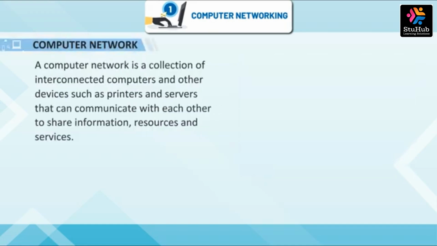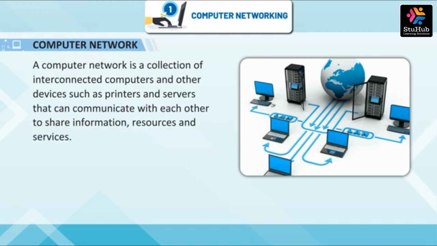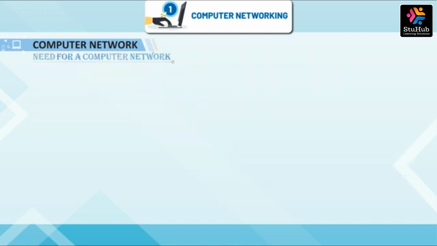Computer network. A computer network is a collection of interconnected computers and other devices such as printers and servers that can communicate with each other to share information, resources, and services. Need for a computer network.